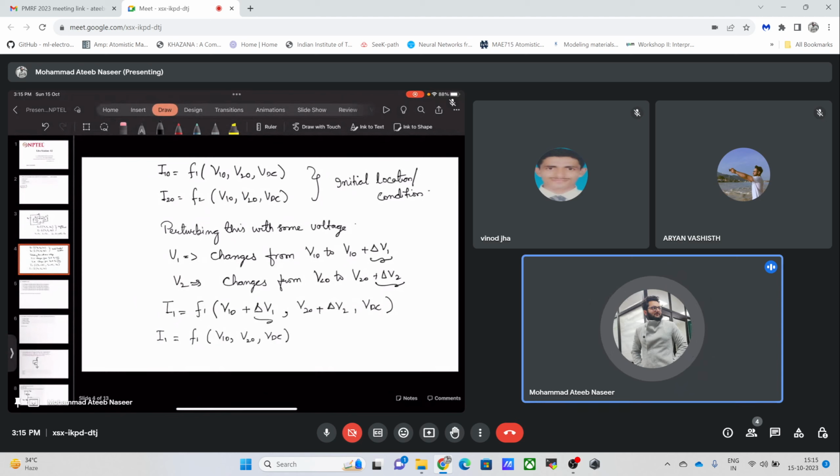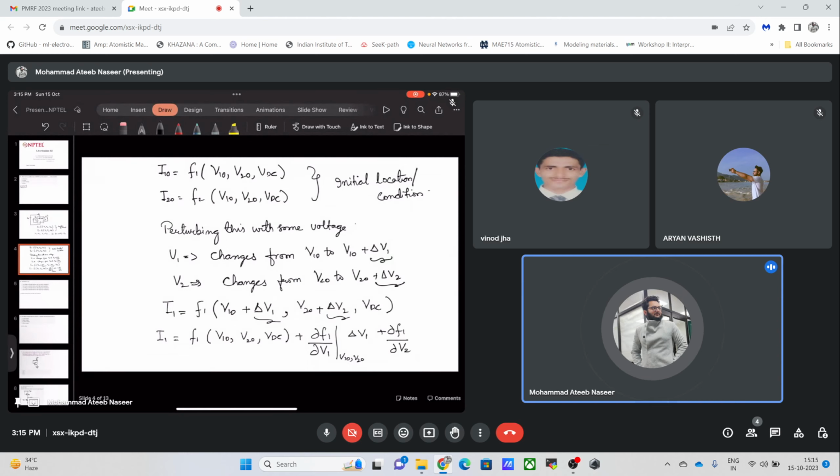With these small increments, we will have terms which are the differentials: dF1 with respect to dV1 at the quiescent bias, V1 of 0 and V2 of 0, which was our initial state, times delta V1, which was the perturbation, plus dF1 by dV2.